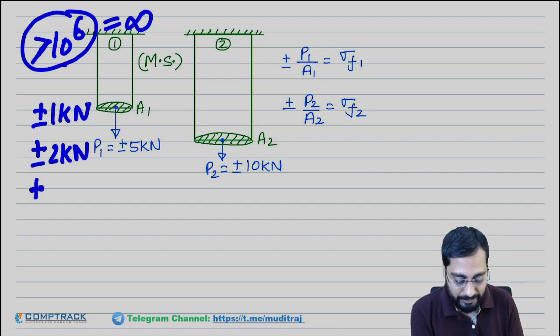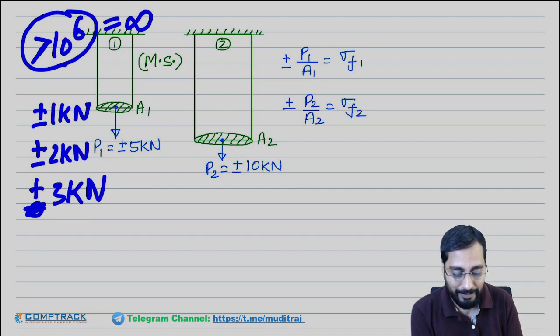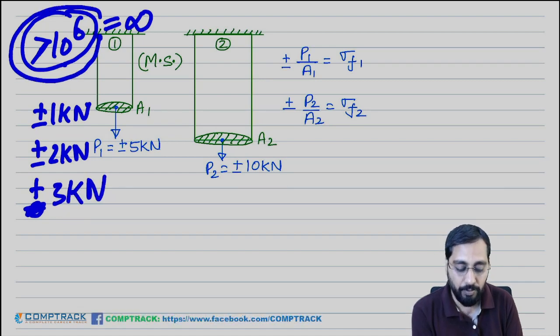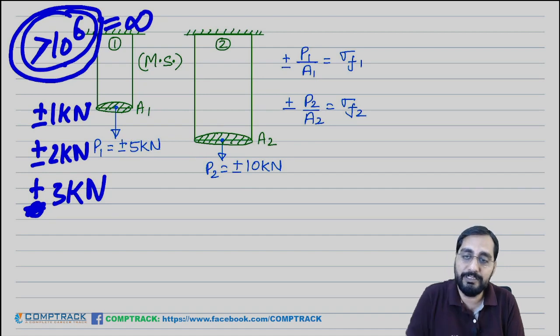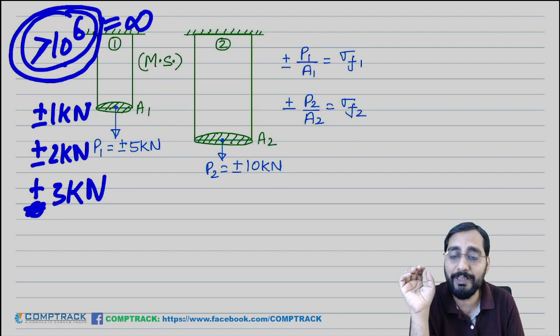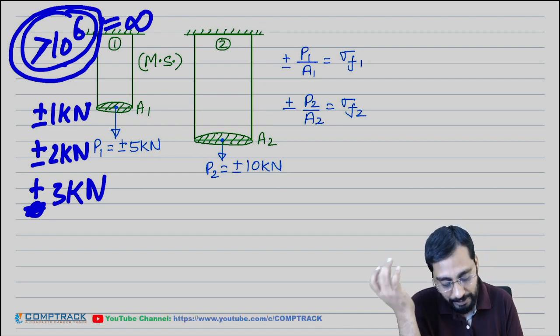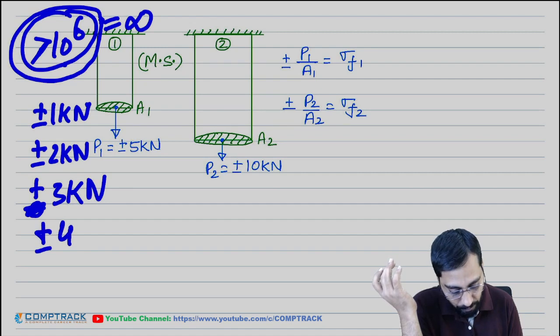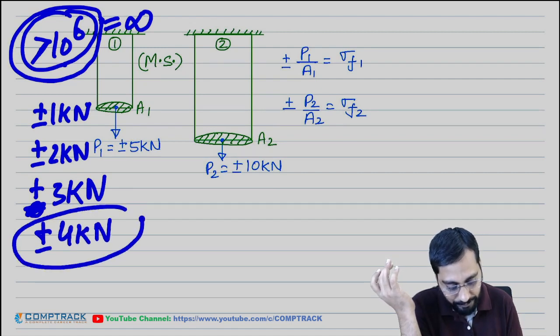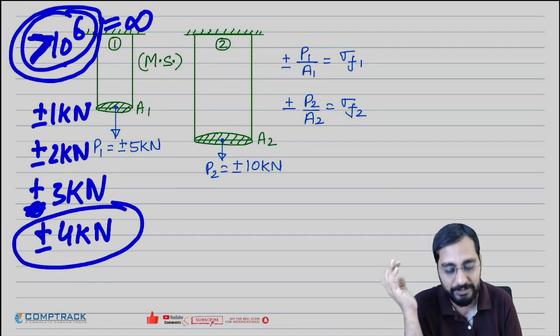If you increase the value to plus minus 3 kilonewton, again the number of cycles you can go is more than 10 to the power 6. You are pulling, you are pushing, you are pulling, you are pushing. So these are not the endurance strength. 4 kilonewton, again the number of cycles is more than 10 to the power 6.